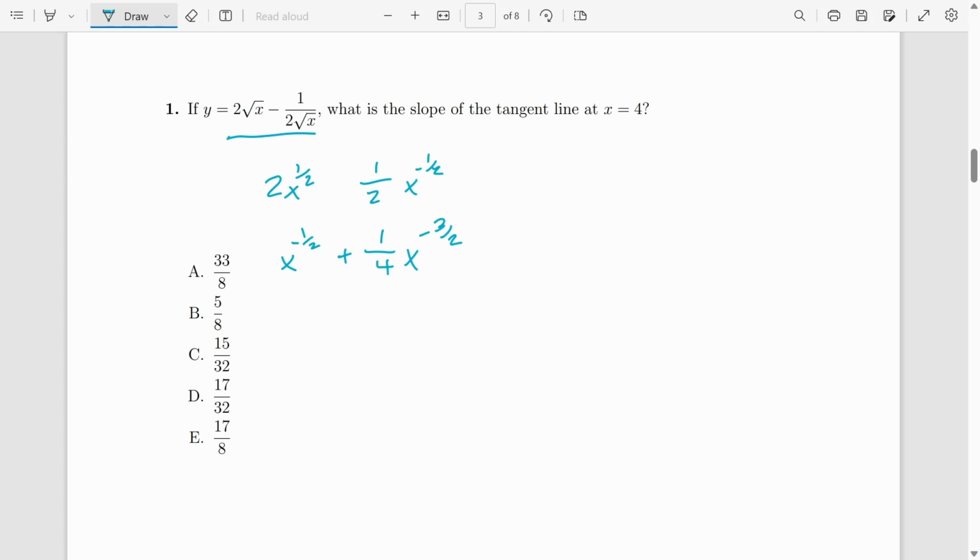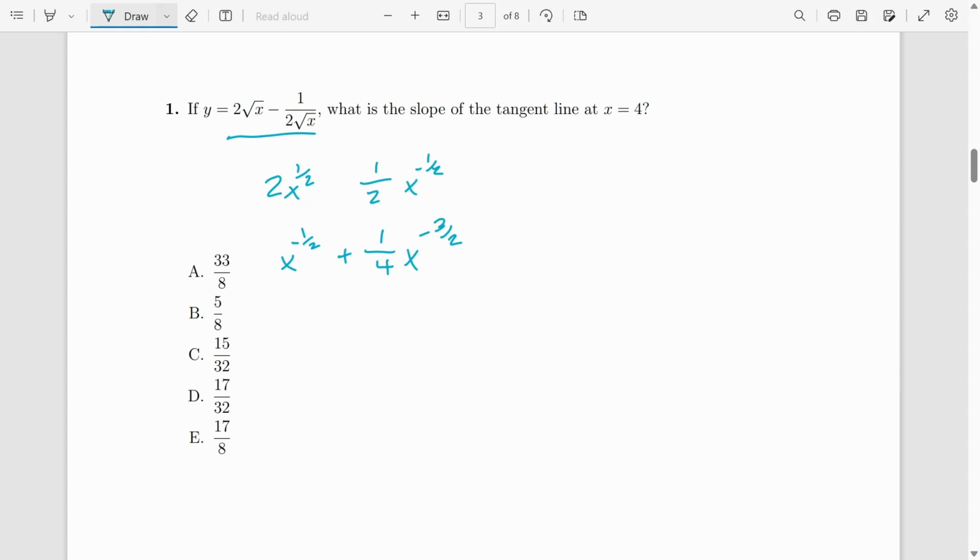Before we plug in 4 for the x's, we can revert this x to the negative 1/2 and this x to the negative 3/2 back to how it was, with square roots and the denominator, because that makes it clearer how to interpret them when we plug in 4.